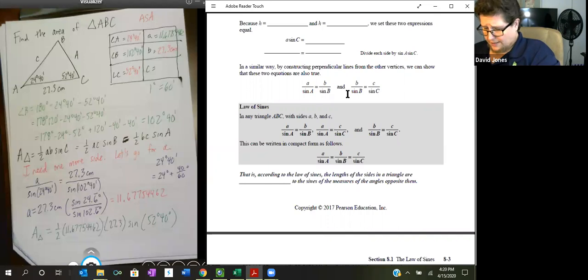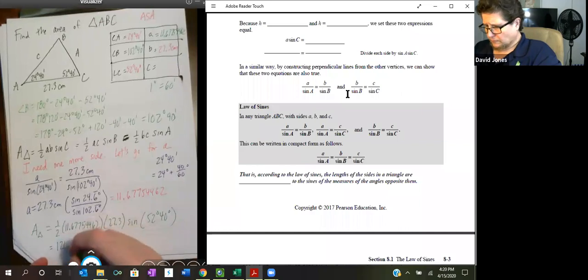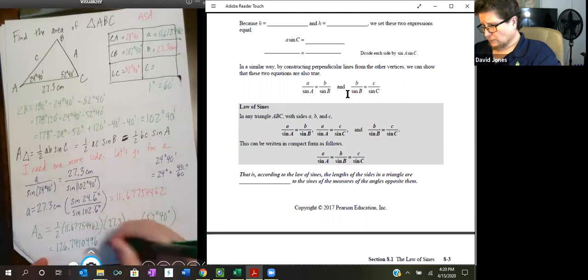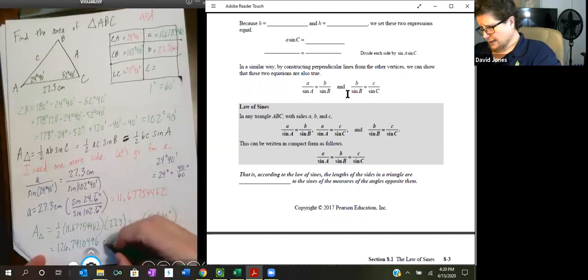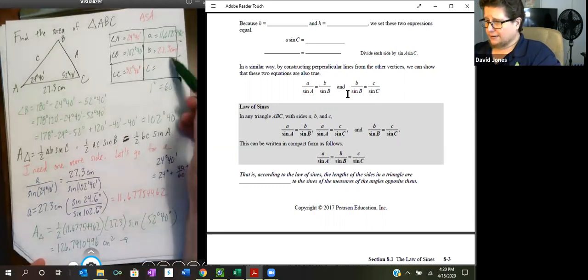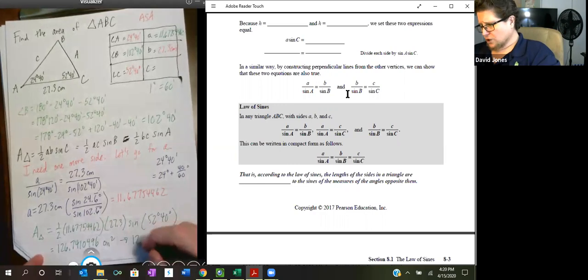Times 27.3 divided by 2 times sine of 52 degrees plus 40 over 60 minutes. And this is area. We were working with centimeters. This is squared centimeters. We'll go to 3 significant figures. That's what my slide had, 27.3. This is about 127 centimeters squared.